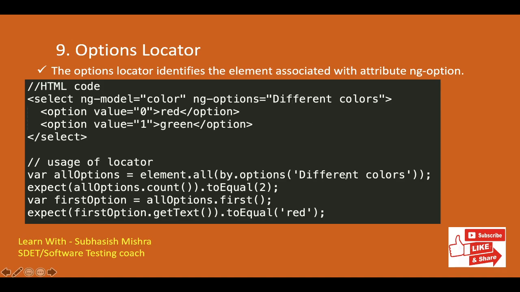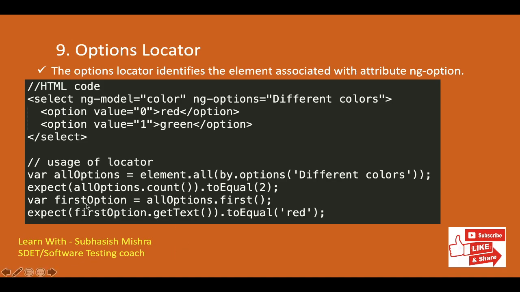Here we have a variable allOptions, we are storing it in allOptions. Then we are trying to calculate how many total options there are, using the allOptions.count function. Then I am just doing the validation whether it is true or not. Here you can see two options, I am just trying to validate two options.